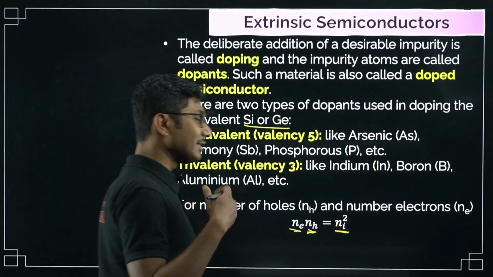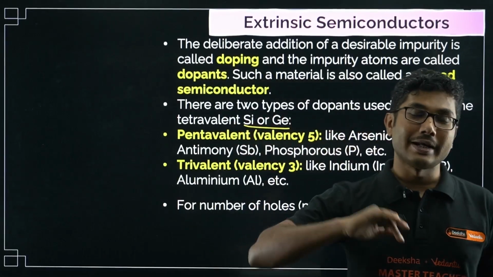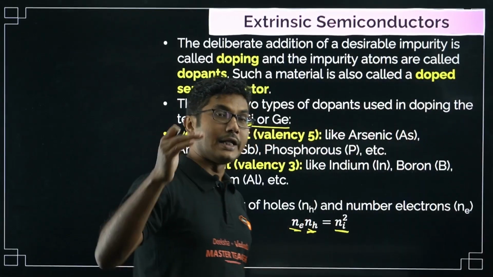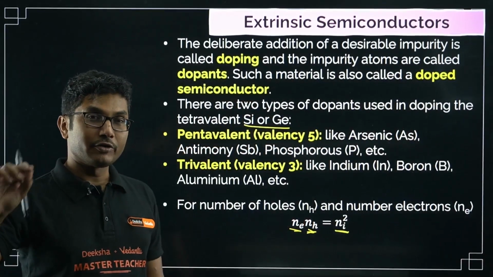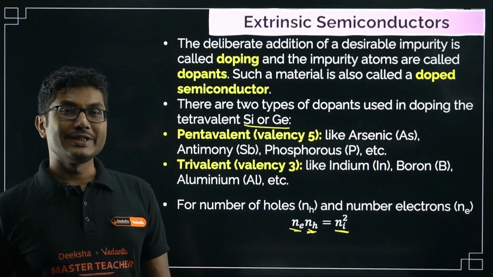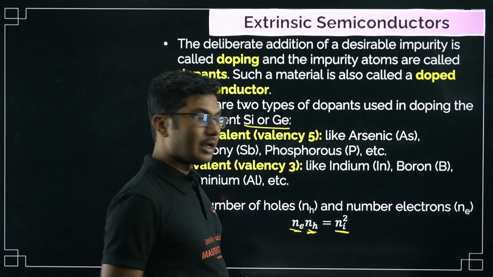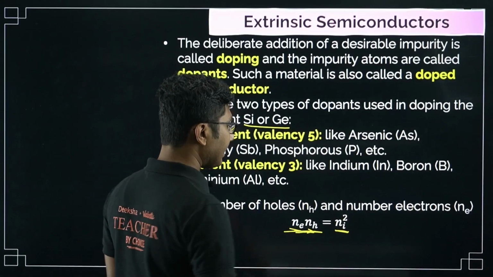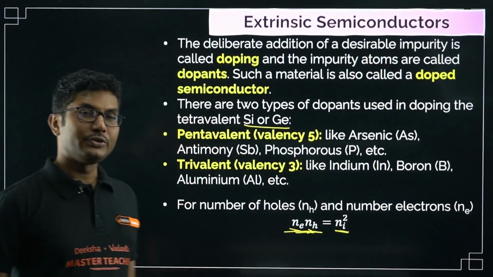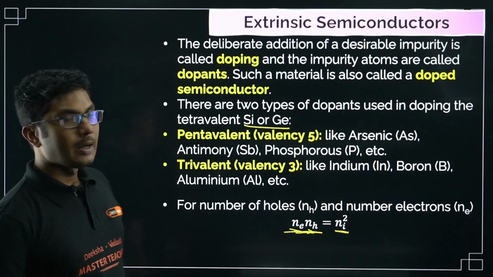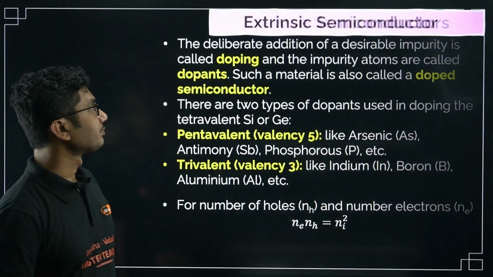In case of intrinsic, Ne and NH were the same, and we denoted that with Ni. But when you dope it and calculate Ne and NH, they are related through this small but very important formula.